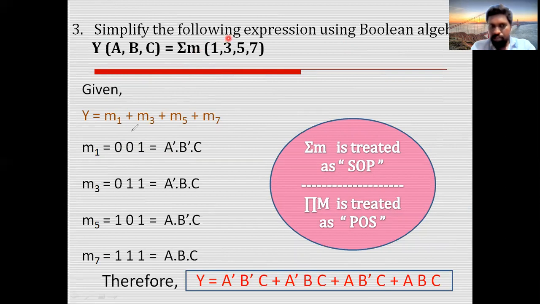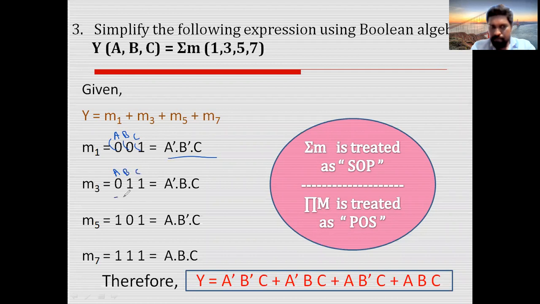So what should you write? Take the first bit as A, second bit as B, and third bit as C. Now start writing. 0 in terms of A is A bar, 0 in terms of B is B bar, 1 in terms of C is C. That is the minterm. Same here also. Take this as A, this is B, and this is C. So what will you get?